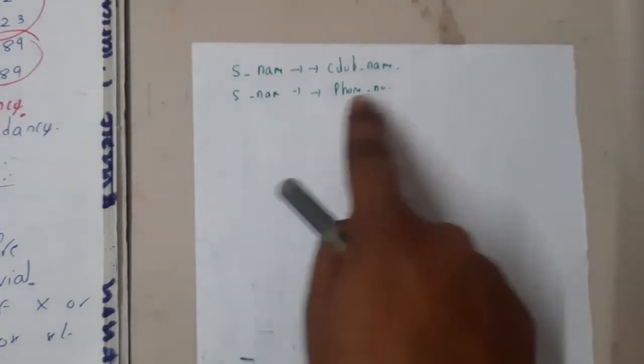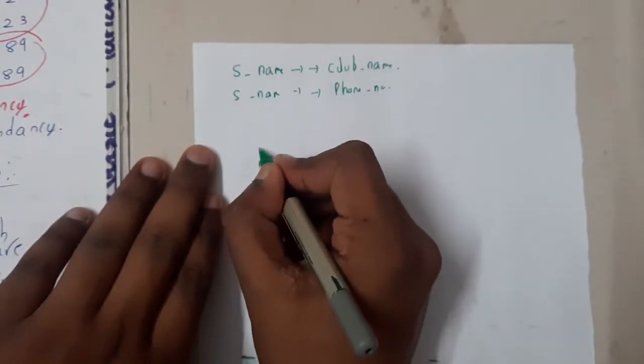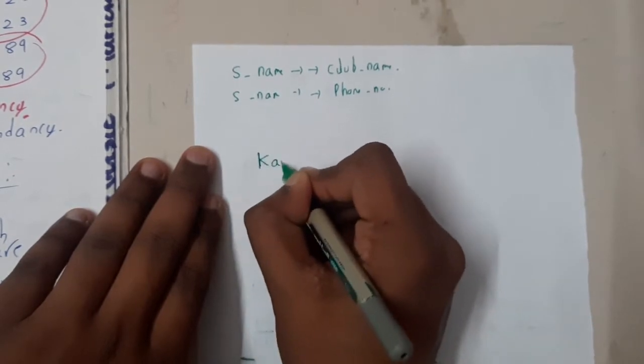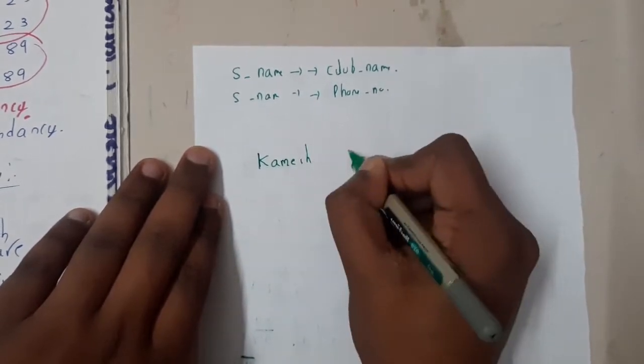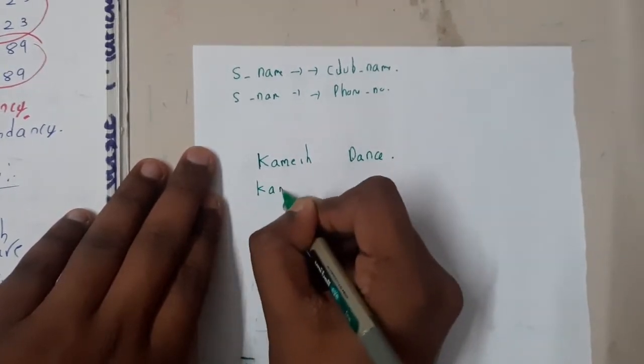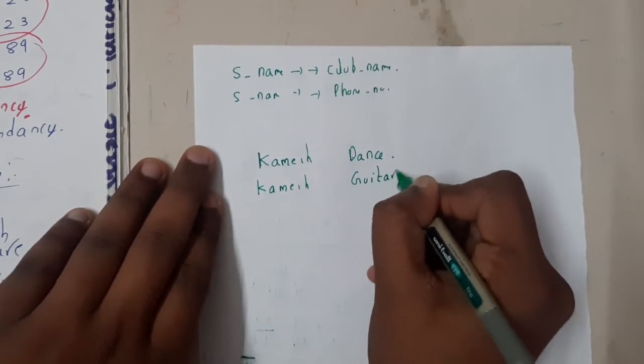If we want to store all this data in a single table, first we write the student name. Let us assume the student name is Kamesh, guys. Kamesh belongs to the dance club, and Kamesh also belongs to the guitar club.